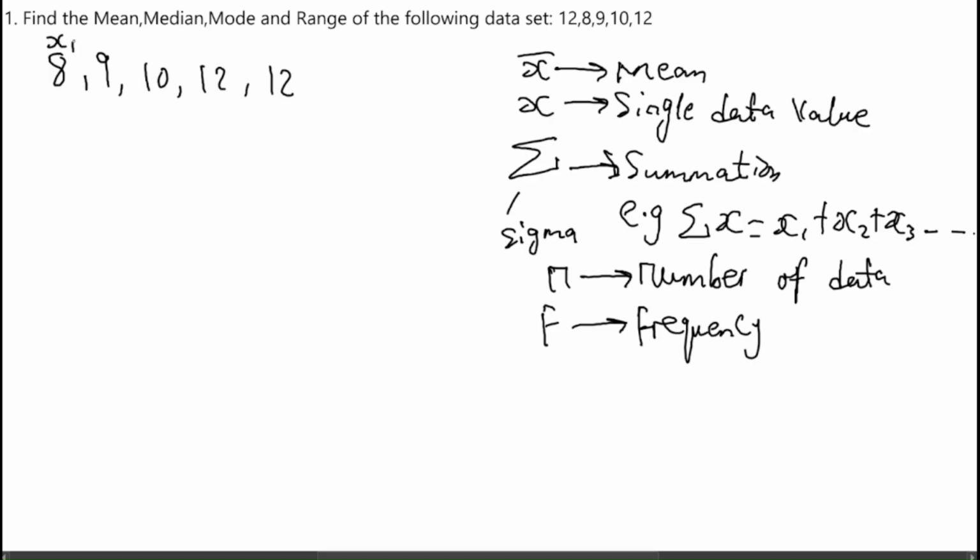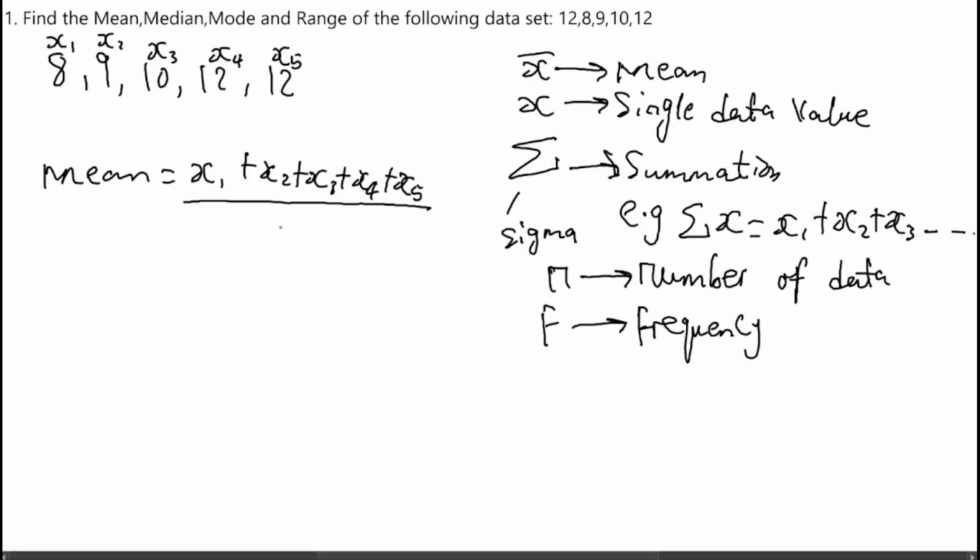Now let's symbolize. Let's call the first data x1, x2, x3, x4, x5. To find the mean of a data set, add all the data values together, like x1 plus x2 plus x3 plus x4 plus x5.